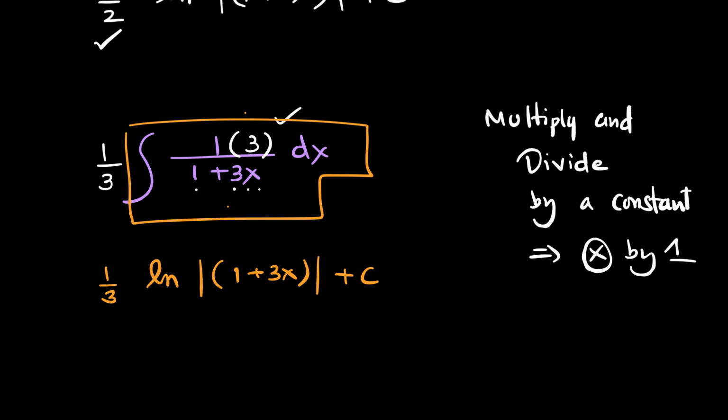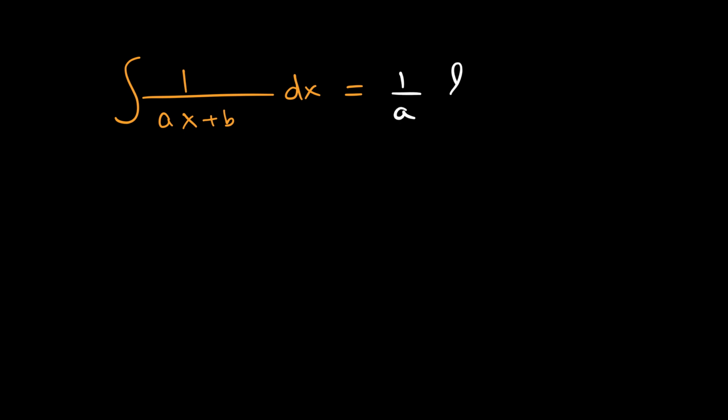Now, an easier way is to use this formula. When we have 1 over ax plus b dx, the integral is 1 over a ln|ax + b| plus c. Don't forget to put the modulus sign.